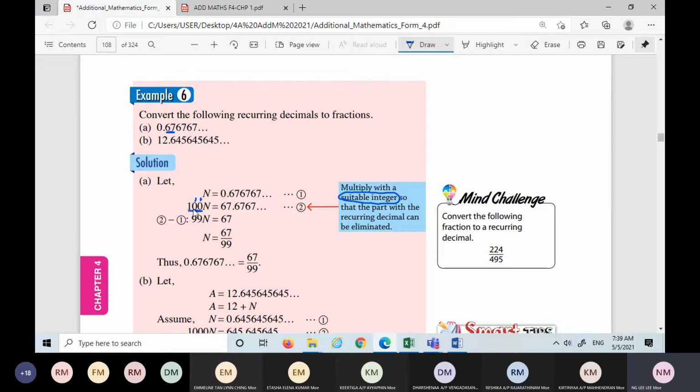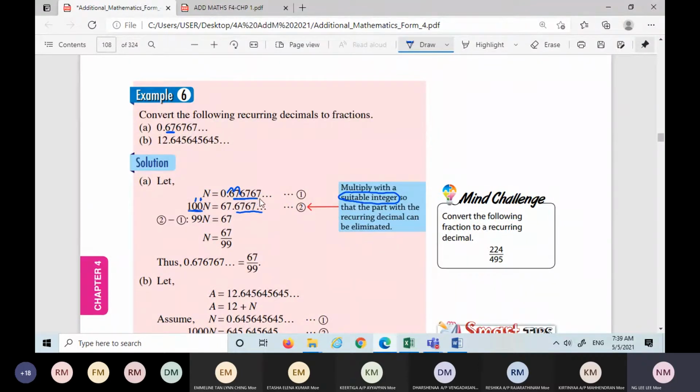When you times 100 to both sides, you get 100n. When you times 100 to 0.676767, the decimal point moves two places to the right, so you get 67.676767. Why do this? The purpose is to eliminate the part after the decimal point.